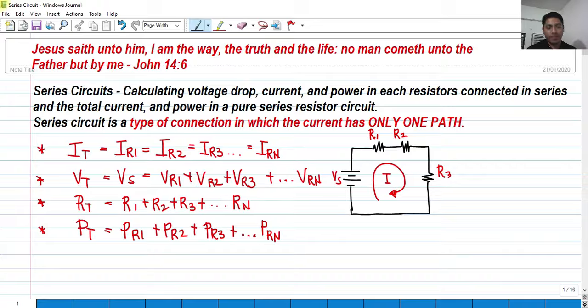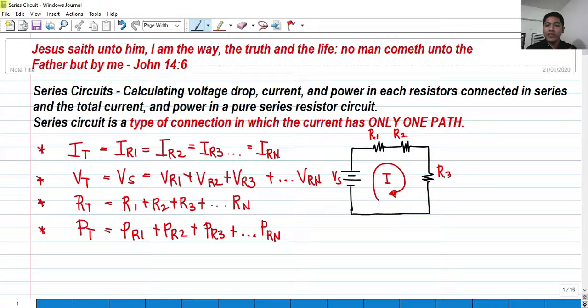Only one path. So in this video, we're going to talk about calculating the voltage drop, current, and power in each resistor connected in series. We have to calculate the total current using Ohm's law, of course, and the power in pure series resistor circuits.